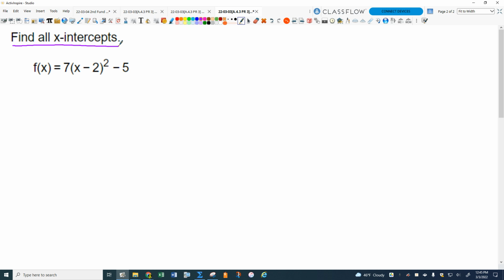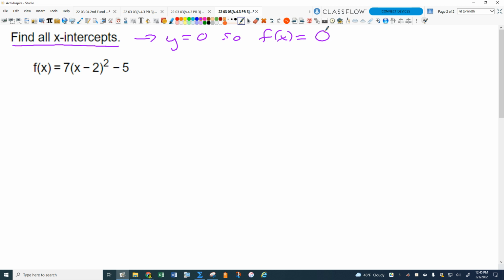Y is 0. If it's on the x-axis, if they're x-intercepts, so they're places where our graph intersects the x-axis, then those must be places where y is equal to 0. So f of x is just a fancy name for y, which also means f of x is equal to 0.